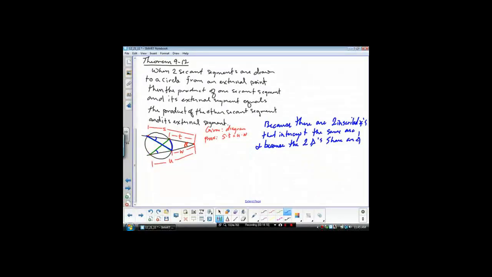One of the triangles would be this triangle here. We'll make it bright yellow.